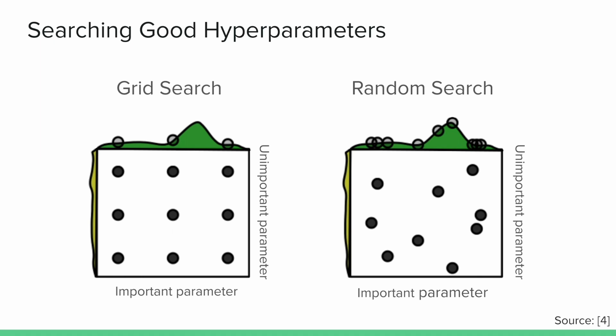In the left figure, you can see in the leftmost column the important parameter is far away from its ideal value, and we're still trying out unimportant parameters. So I would recommend that if you do a hyperparameter search, you use a random search mechanism.